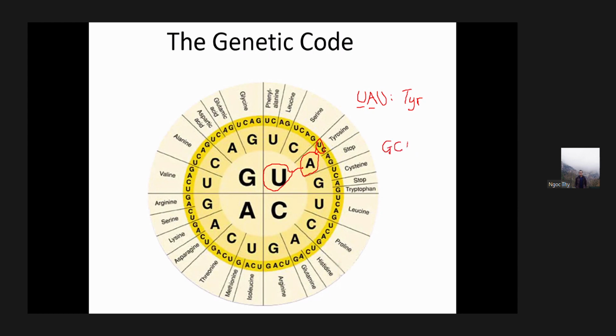By the same way, we come from the first letter here, G, and the next one is C, so we go to C, and the last one is A, so it is encoding for alanine. So GCA is coding for alanine. Okay.